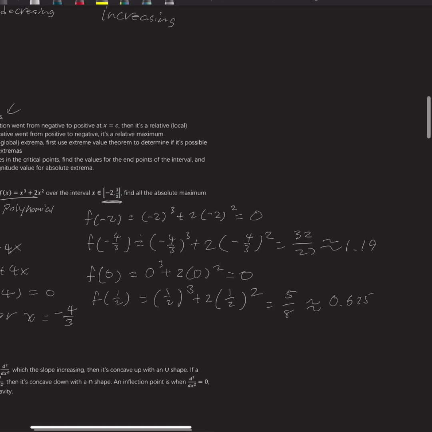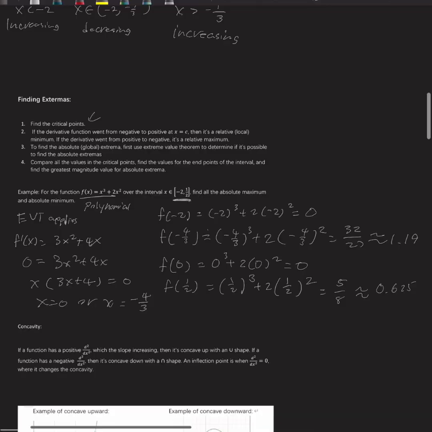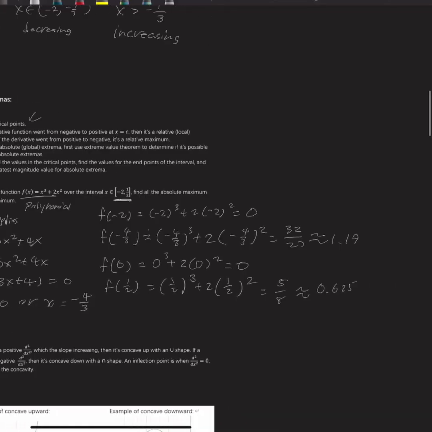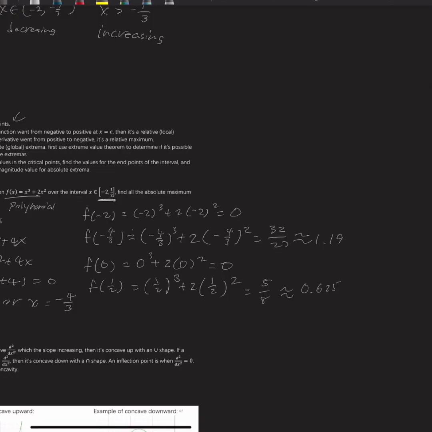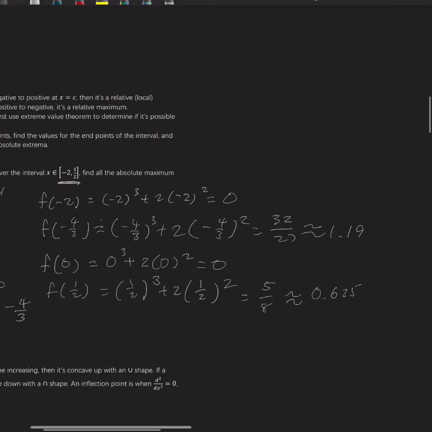We see here, we don't really need to determine if the critical points are extremas because we already listed all the values, and we can use these values to determine if they are extremas. So in this case, f of 0 is the lowest point between f of negative 4/3 and f of 1/2, so it must be an extrema, and same thing for f of negative 4/3.